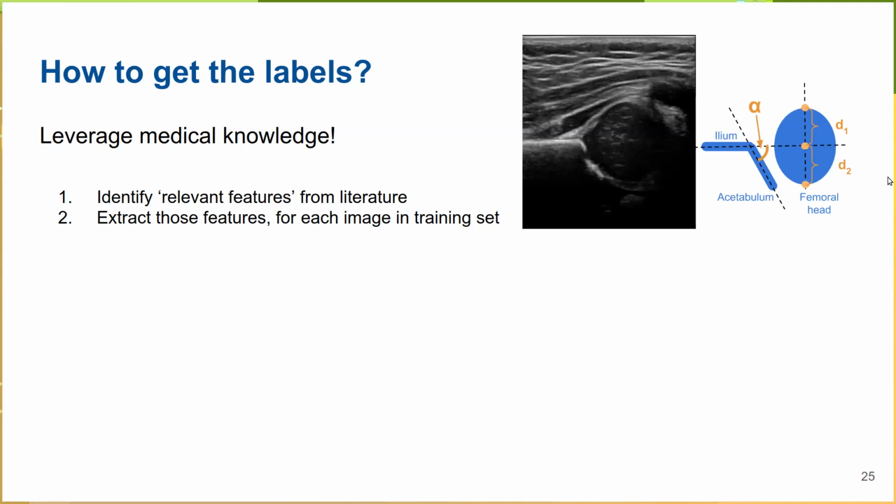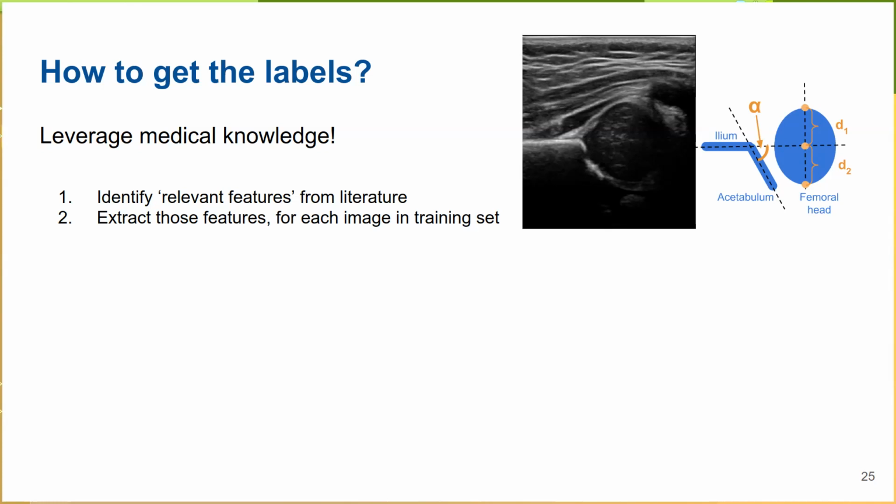They start by identifying the bones, ilium and acetabulum, and then they measure the angle between them. And then they go for the femoral head, and then they measure the quantities D1 and D2, and they care about the ratio of D1 and D2. So these two metrics, the ratio and the angle, are the relevant metrics for identifying hip dysplasia from ultrasound images of the hip.